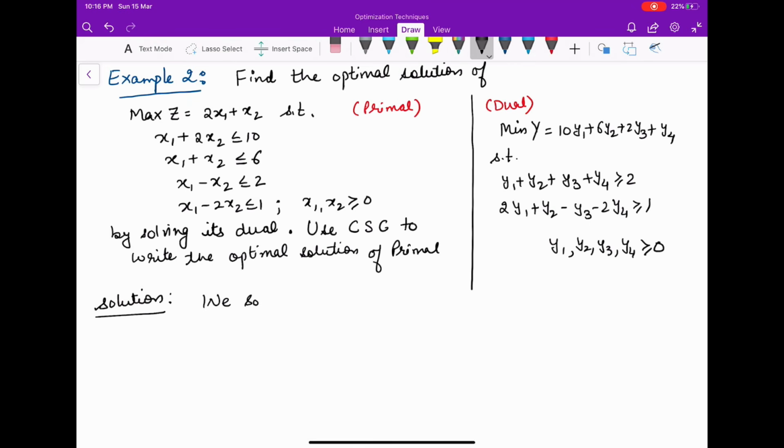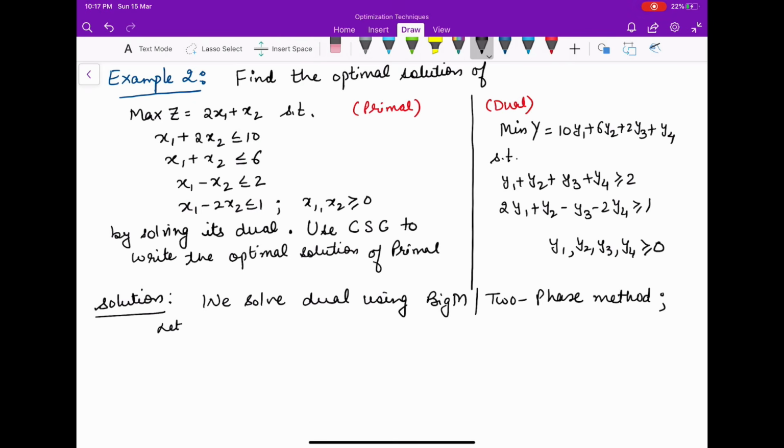We solve the dual using big M, or you can even apply the two-phase method, because solving this problem requires artificial variables in the dual problem. As you can see, the constraints are greater than or equal to 2 and greater than or equal to 1, so both constraints require artificial variables, and because we involve artificial variables we need to use either big M or the two-phase method.